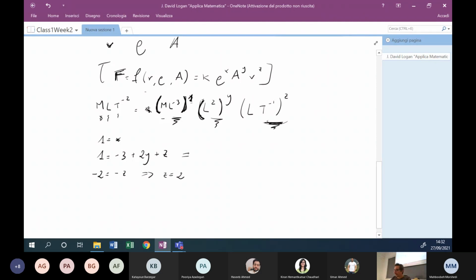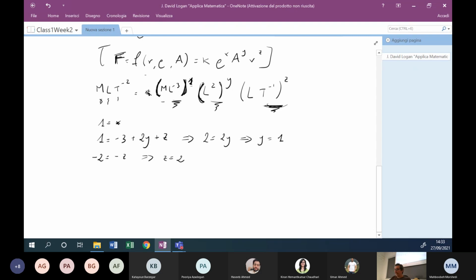If I take z equal to 2 in the second equation, what I get is 1 plus 3 is 4, 4 minus 2 is 2, equal to 2y, which tells me y equal to 1. Okay? So x equal to 1, y equal to 1, z equal to 2.